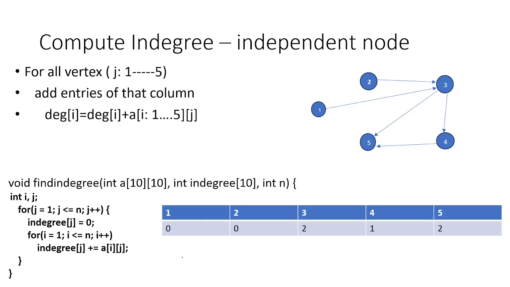Now, to find the in-degree, this is the code which I wrote earlier. For j equal to 1 to n, in-degree is initialized to 0. For that column you are adding, for i equal to 1 to n, in-degree[j] = in-degree[j] + a[i][j]. When you do it like that, you will get the in-degree. As you can see, 0 in-degree for 1, 0 for 2, 2 for 3, 1 for 4 and 2 for 5.